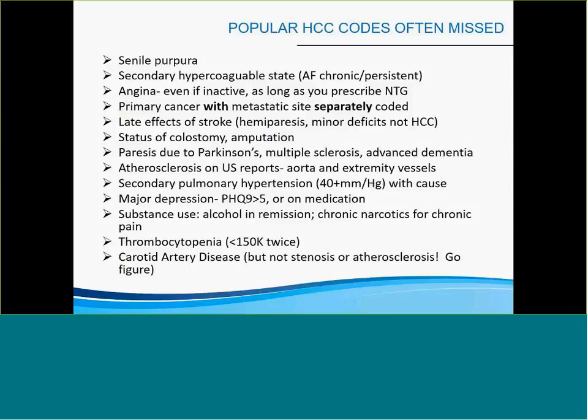Thrombocytopenia I never knew, but apparently is less than 150,000 platelets on 2 occasions. Carotid disease, but not stenosis or atherosclerosis, is also a diagnosis. So I'll use carotid artery disease if someone has atherosclerosis. A little sneaky, but I do it. Okay, so it's actually an important thing to keep in mind.